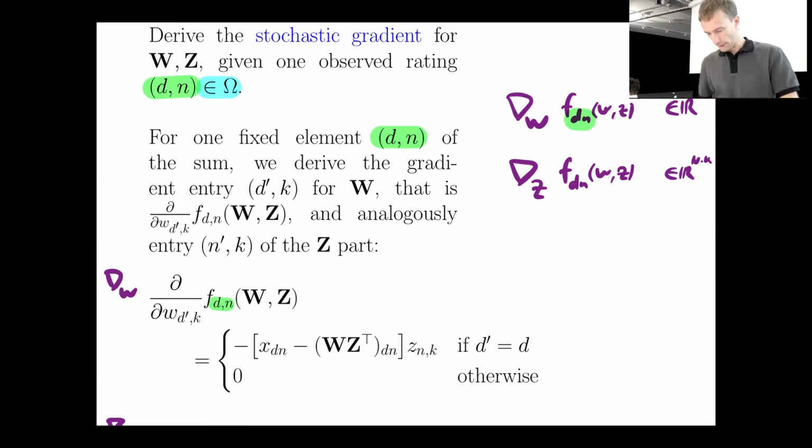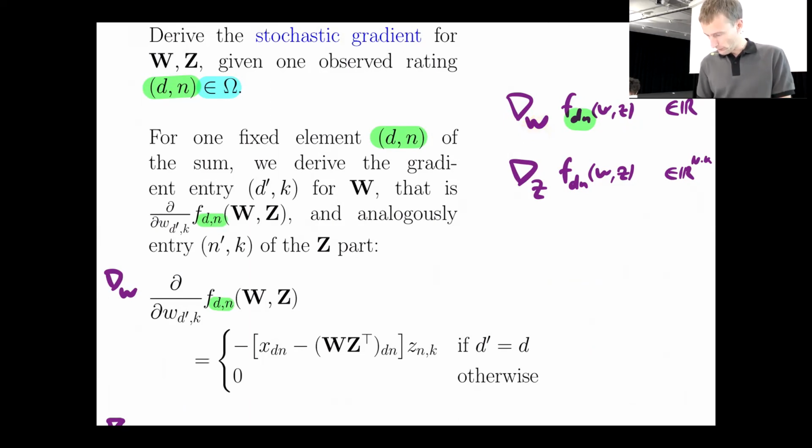The reason I'm making such a big fuss about this is because the gradient itself is still an entire matrix, right? Even if dn is just one entry, the whole gradient with respect to W is a matrix. Even if you just ask about the fixed f dn, we need to ask about all entries of this W matrix, and that's the work we have to do.